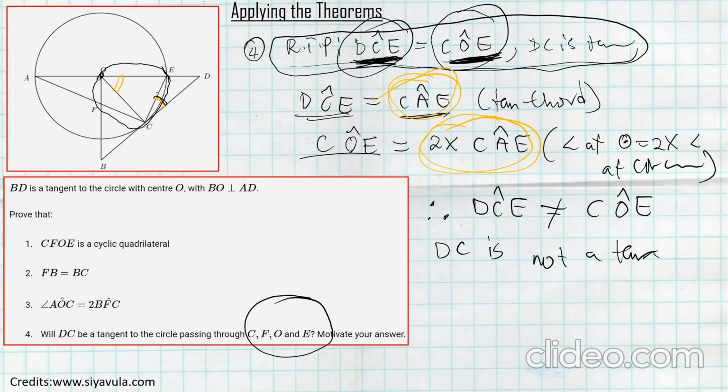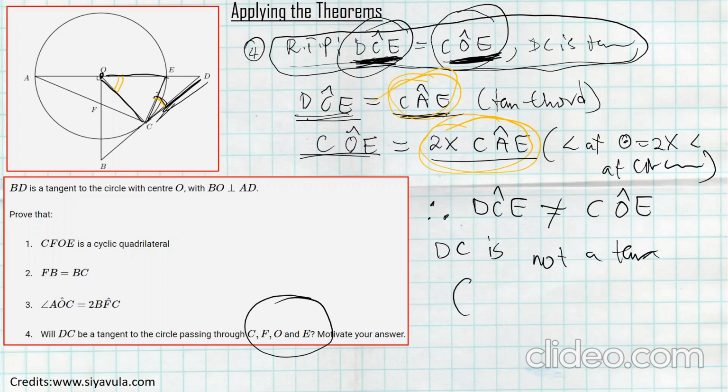Because it does not obey the converse tan chord theorem, which says the angle between a line and a chord is equal to the angle subtended by the two other chords on the circumference. We are saying that they are not equal, meaning that DC is not a tangent, but if they were equal, we would conclude that DC is a tangent. But in this case, they are equal to two different angles, meaning these two are not equal, meaning DC is not a tangent.